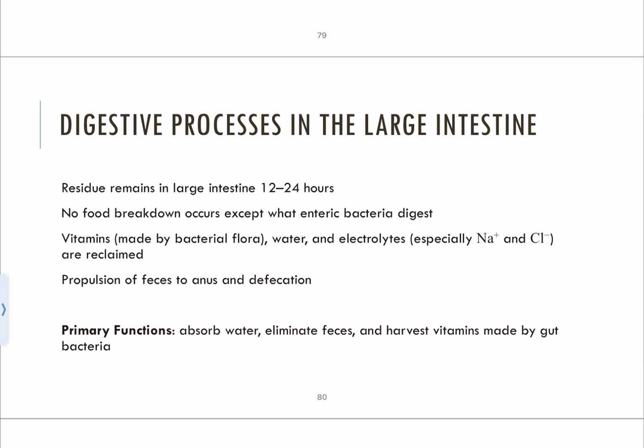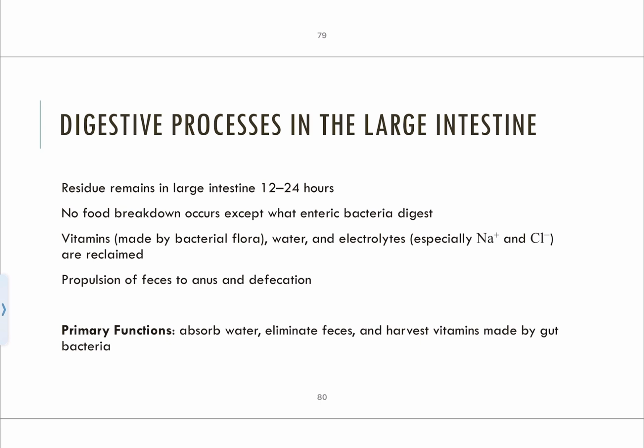So for the digestive processes of the large intestine, basically we don't have any food breakdown, like I mentioned. We finish that in the small intestines, except for what's occurring by the bacteria residing there. We do have some vitamins made by the bacterial flora that we want to absorb into our bloodstream, along with any remaining water.